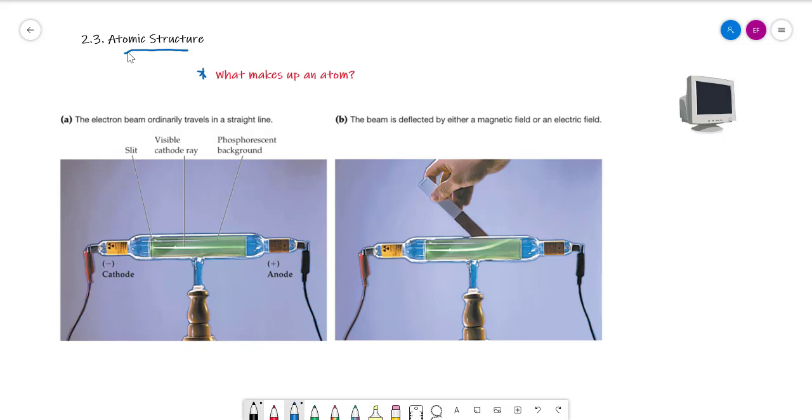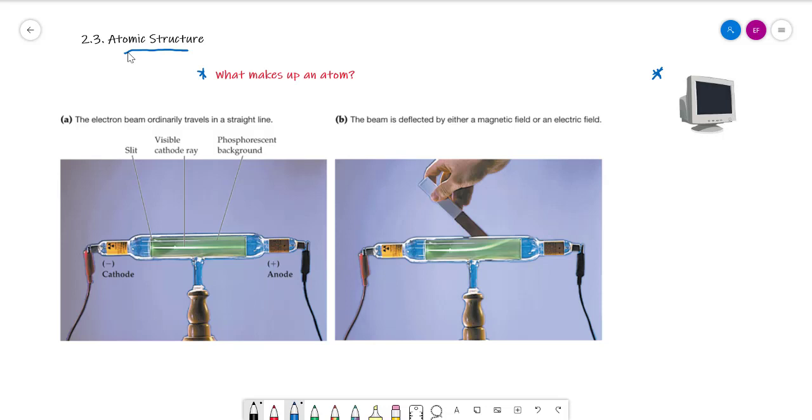So let's first describe this experiment that we call the cathode ray tube experiment that was done in 1897 by J.J. Thomson. And so I've got an image of a really simple cathode ray tube. And you've all probably seen this before in real life, maybe not this exact tube, but an example of a cathode ray tube is an old TV or computer monitor.